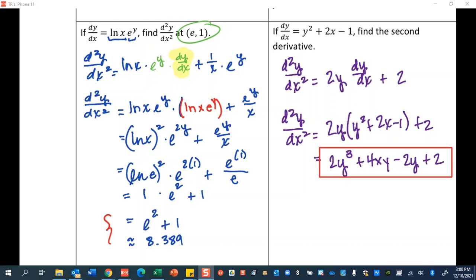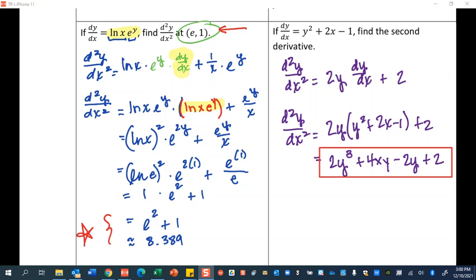And then when it comes time to plug in what we know dy dx is equal to, that's where this in red comes. And then we can simplify because we were given an xy ordered pair. And this is where we substituted in for x and for y. If you give me an exact answer or an estimated one, they're both okay.